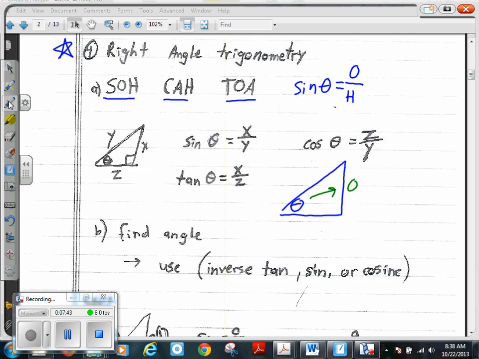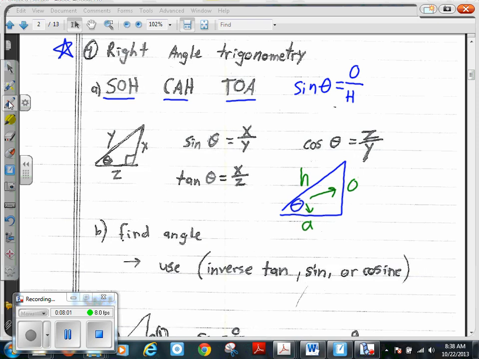The side right next to theta is adjacent, because that's what that word means. And then hypotenuse is always the long side. Okay? So you're going to have to memorize these names so we can do this right angle trigonometry.